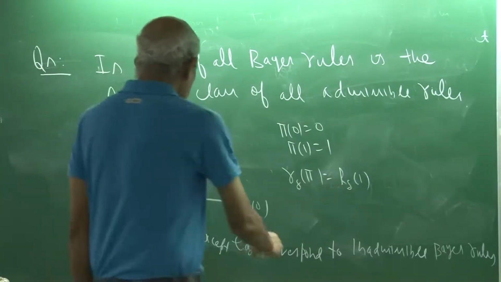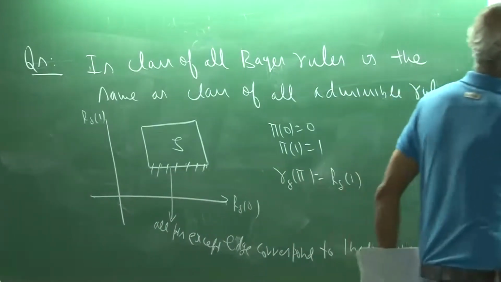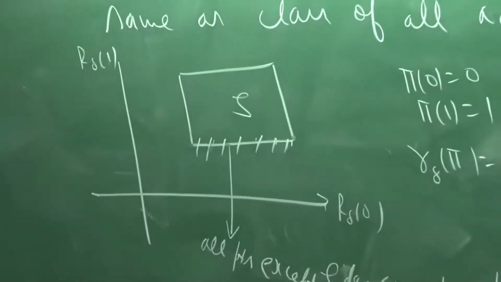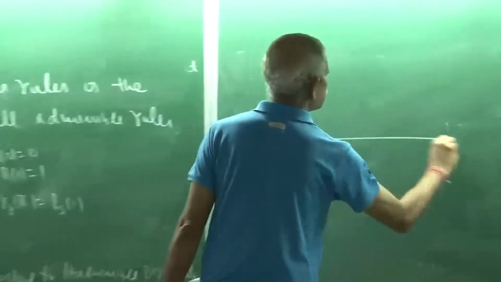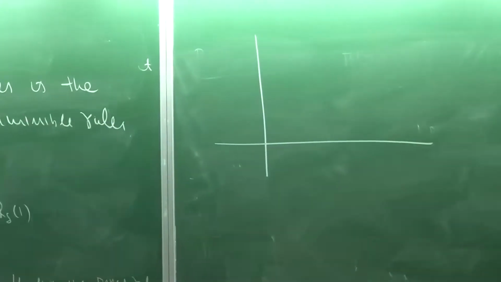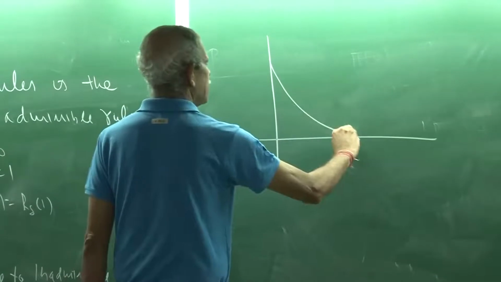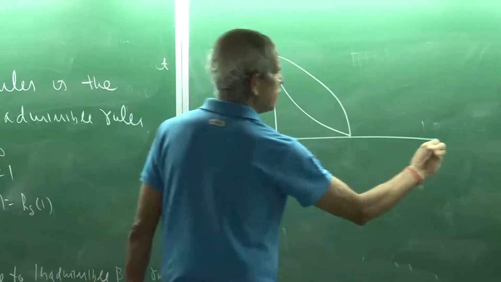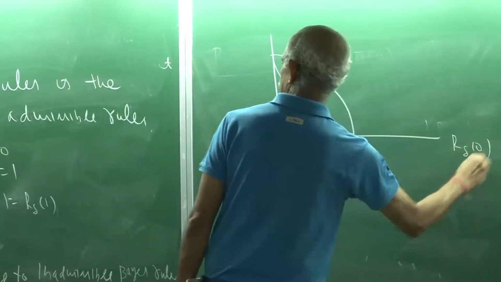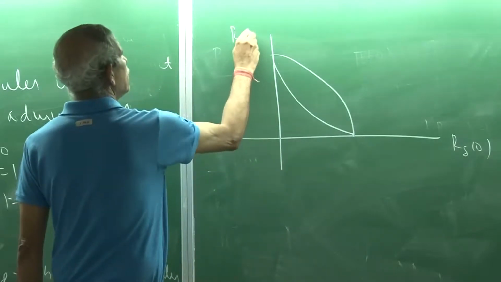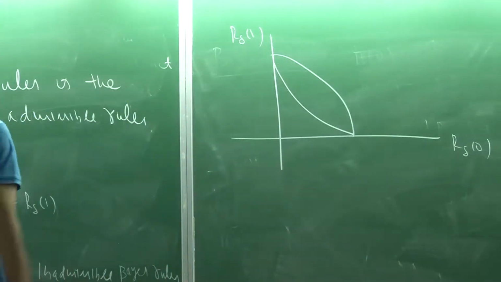Let us try to see how a minimax rule looks like. Let us look at this point. My risk set is again the same, R delta 0, R delta 1. Note that this is a risk set, and it is a convex set, square is a convex set.